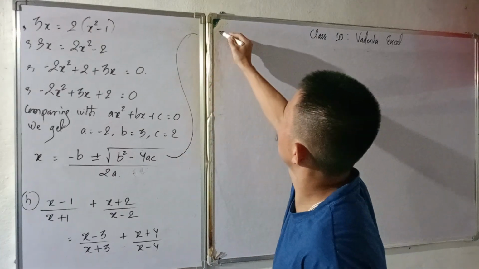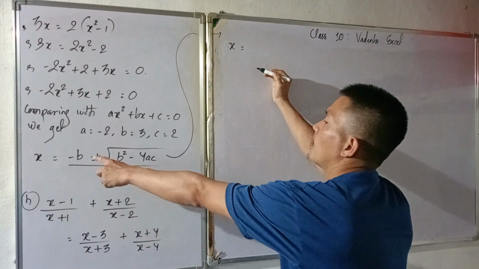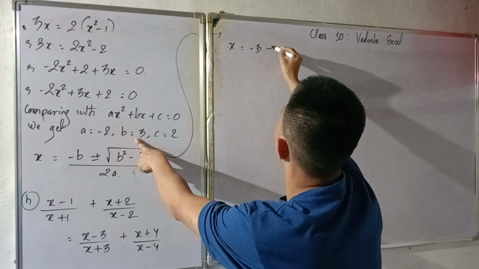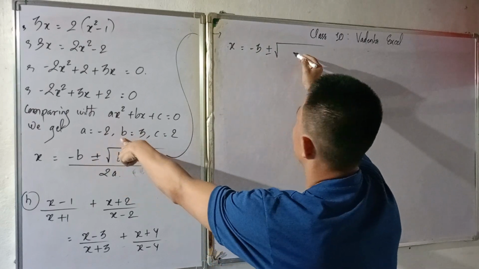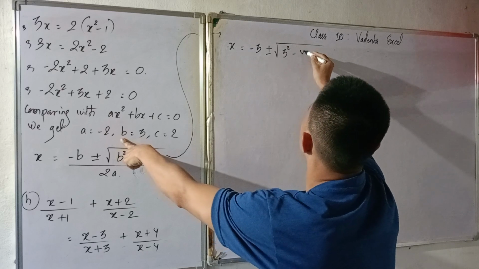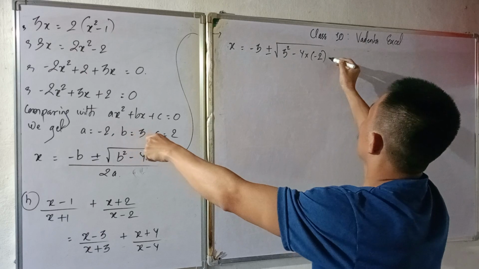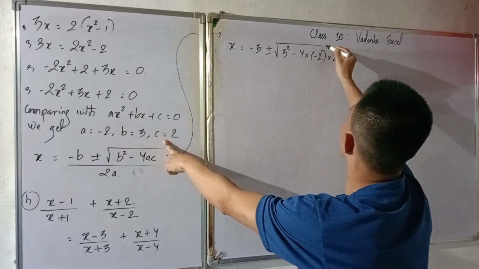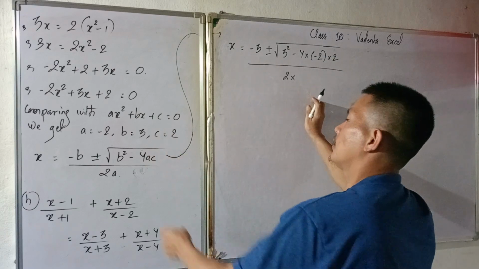Now from here to here, x equals to minus b, just substitute the value: minus 3 plus minus under root 3 square minus 4 times a, we have minus 2, for c we have 2, divided by 2 times a, we have minus 2.